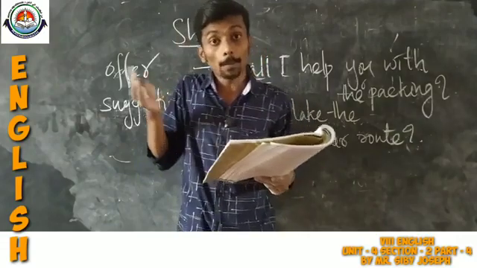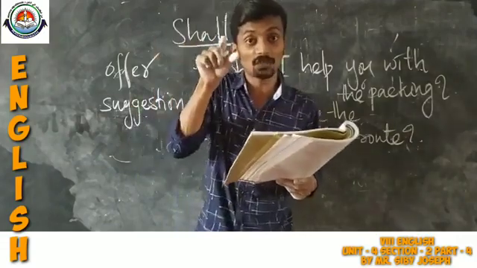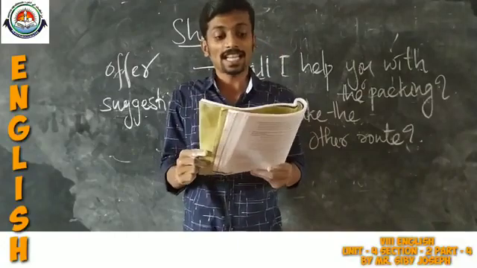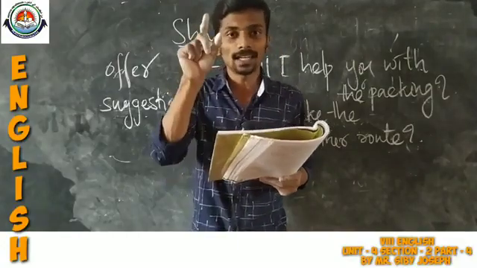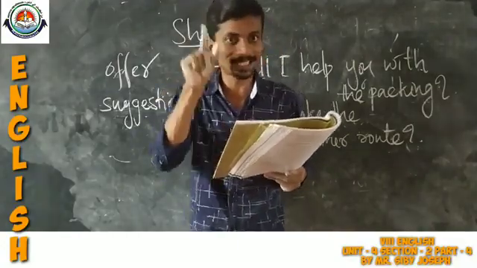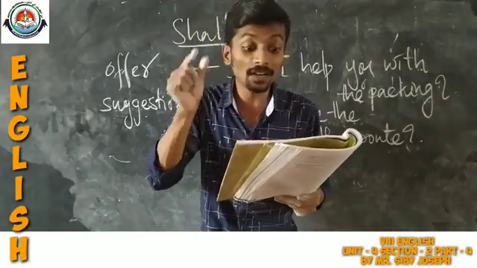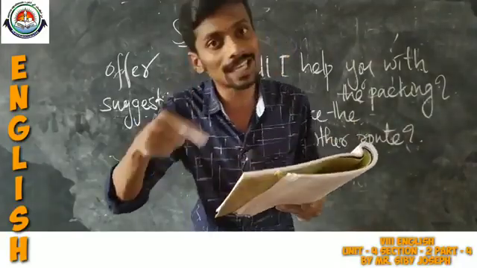Okay, now I am coming back to the first sentence which is written in your textbook under the heading future simple. What is the sentence? There are several ways to talk about the future in English.